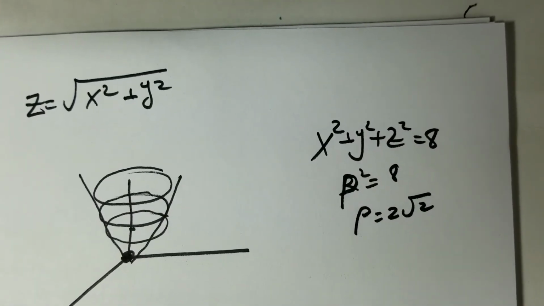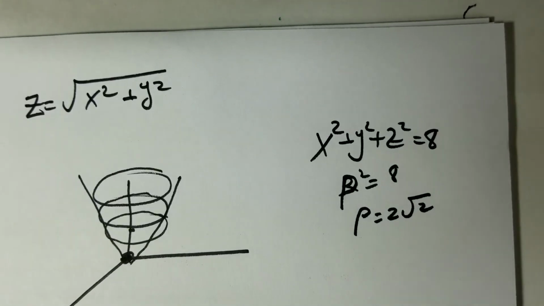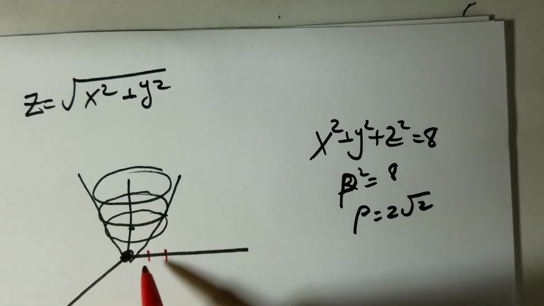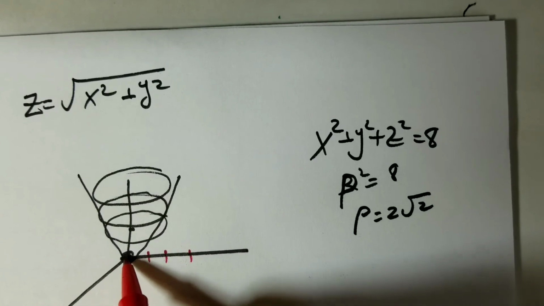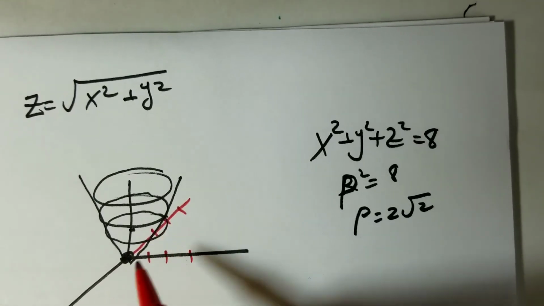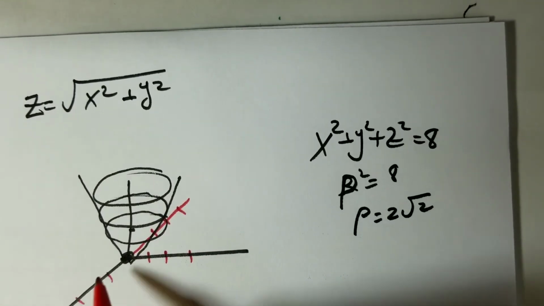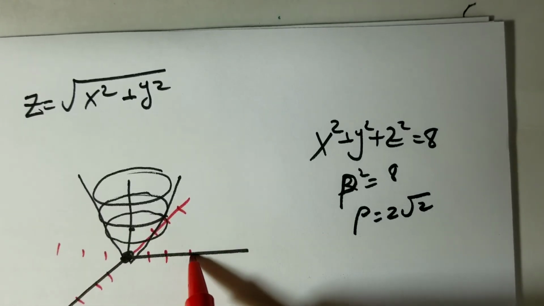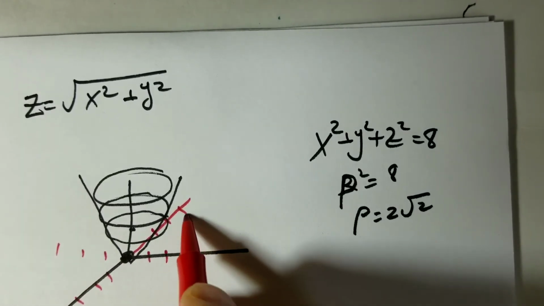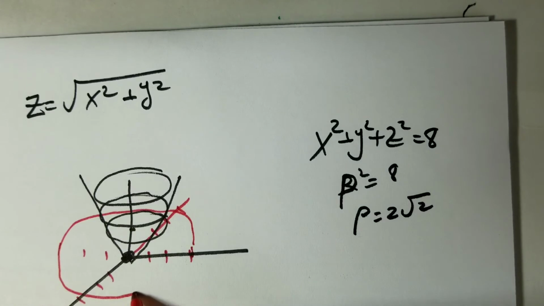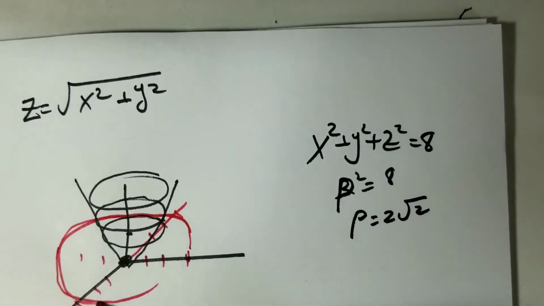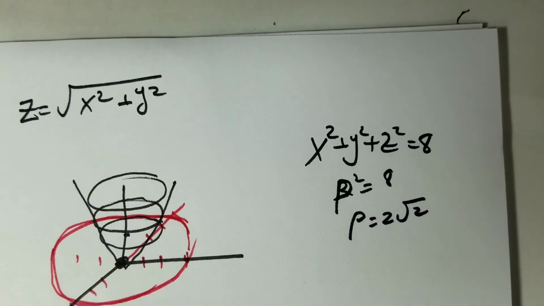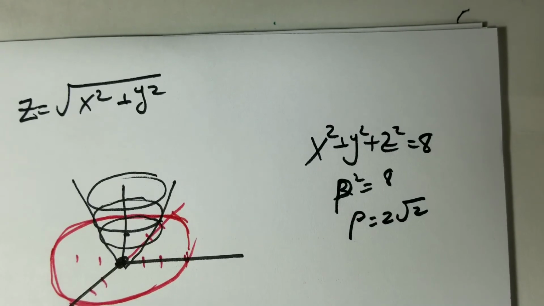Then 2 square root of 2 is 2 times 1.4, almost 3. I go 3 here, and 3 here, and 3 here, and 3 here, and you're going to have a circle. Man, it's so ugly. Circle here. But this is a sphere.